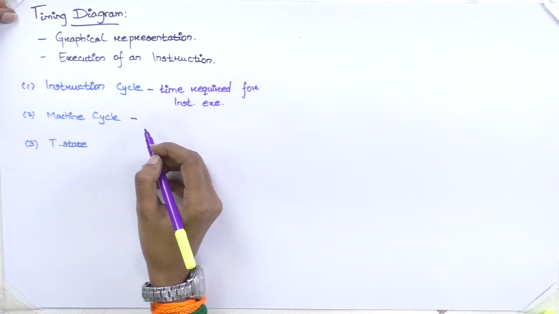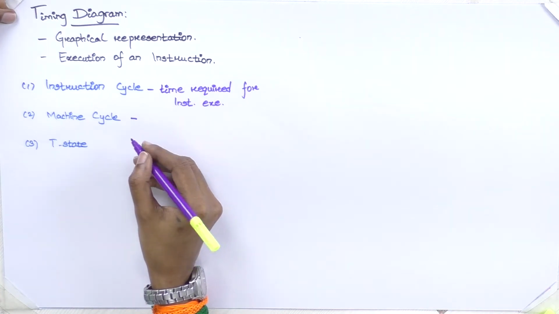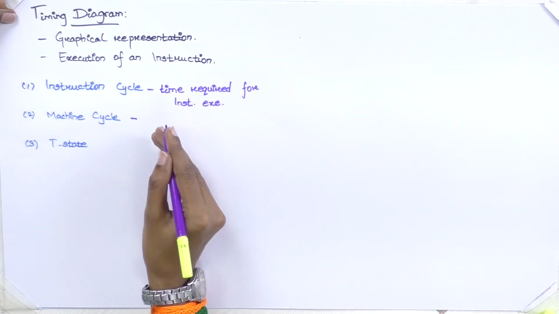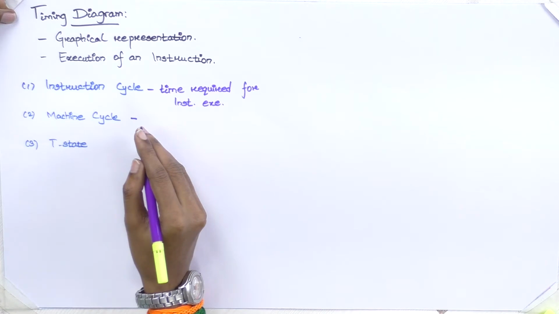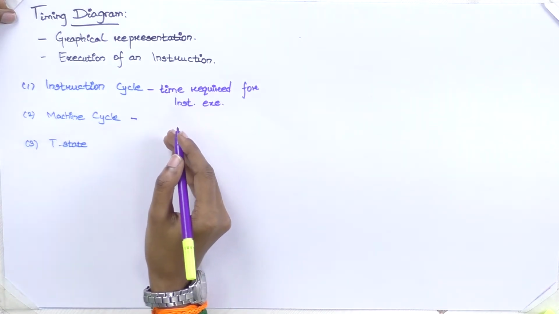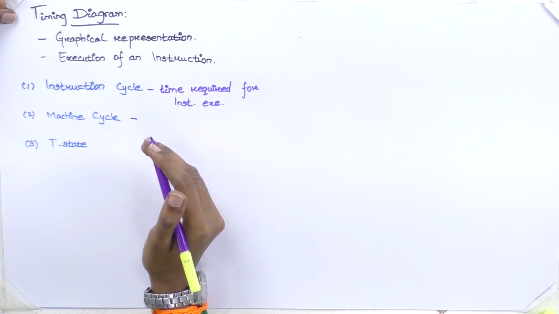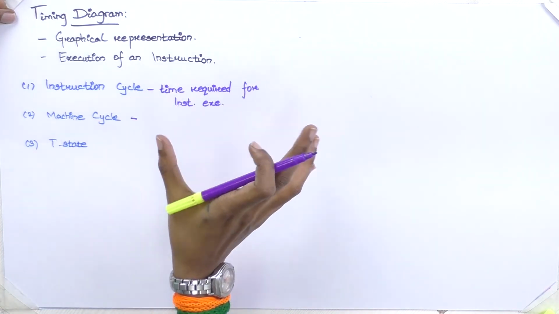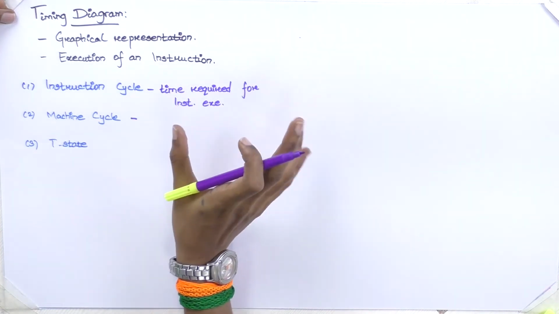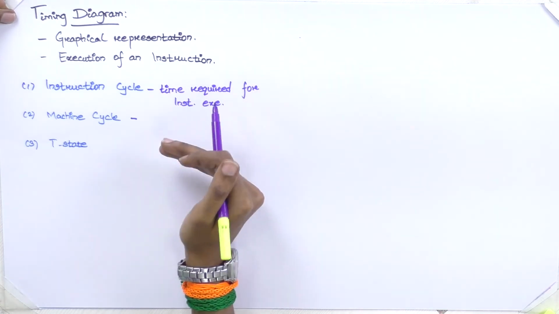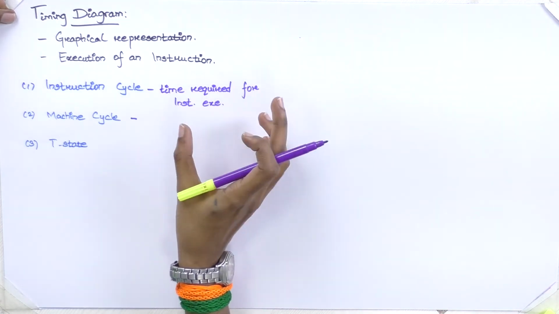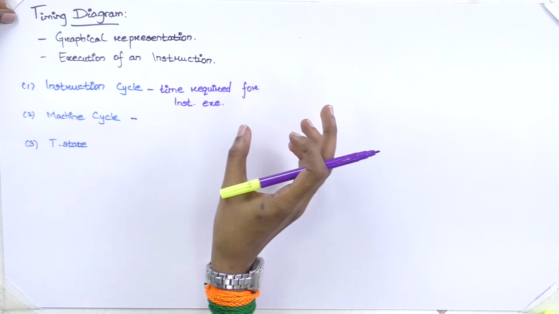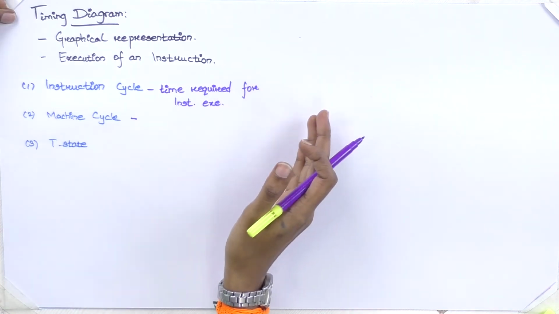Then machine cycle. Machine cycle is nothing but the time required for the instruction to access the memory or input output device. So it's different from instruction cycle. Instruction cycle is the total amount of time that an instruction requires for its execution, but machine cycle is the time required for the instruction to access memory or input output device.